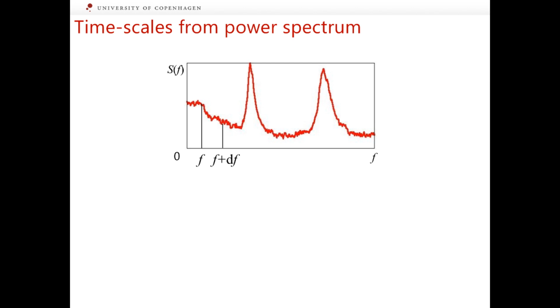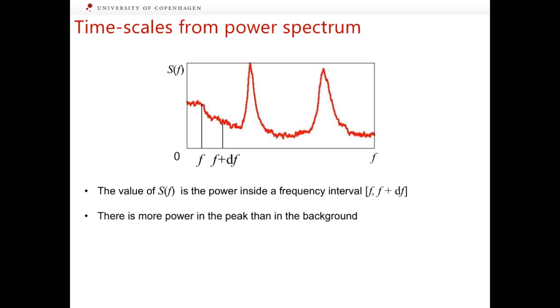Consider a small range of frequencies between f and f plus df. The area under the curve within this range gives us the power inside the given frequency range. Obviously, the power in a spectral peak is larger than the power in the background within the same frequency range, so the spectral peaks indicate the most probable frequencies of the random process.